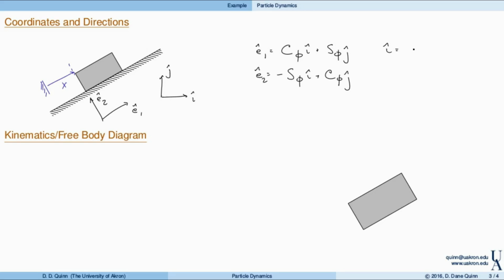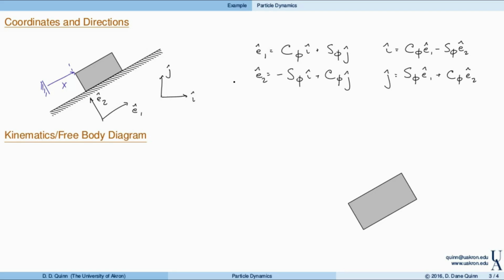So here I is cosine of phi in the E1 direction minus sine of phi in the E2 direction, while J is equal to sine of phi in the E1 direction plus cosine of phi in the E2 direction.